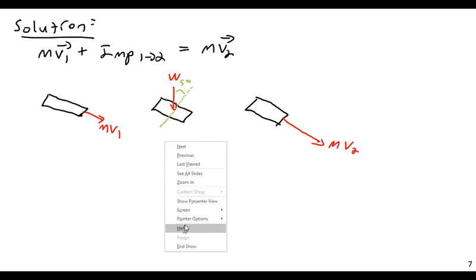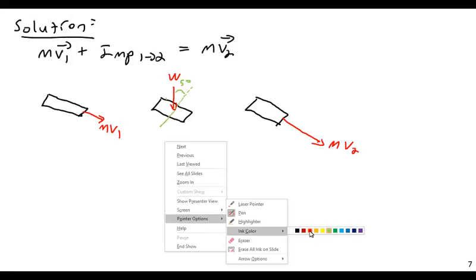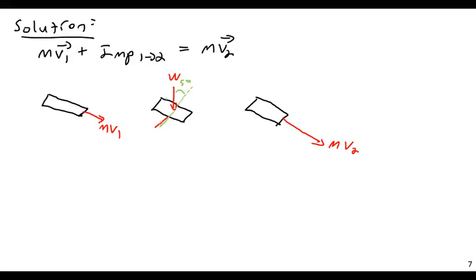And then the normal force will be perpendicular to the incline, so F normal. And then I would have the force driving this, essentially.